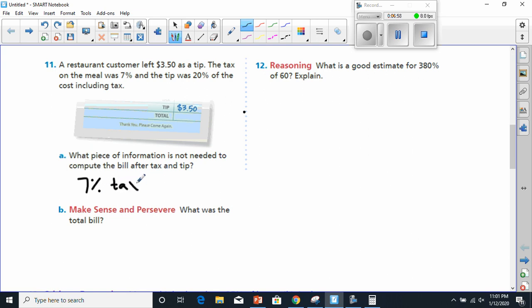And next it says, what was the total bill? If I was to do this, I'd have to realize that $3.50 represents how much I left for the tip. That was 20% out of 100%.